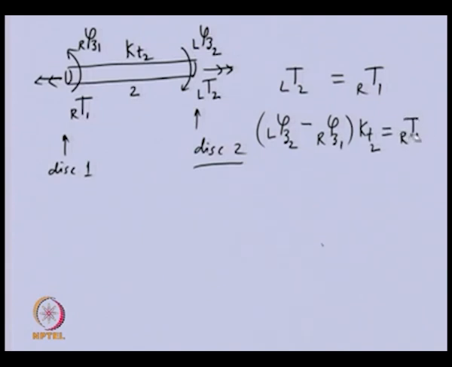Now, we can rearrange these equations like this. First, I am writing the angular displacement left of 2 is equal to the displacement right of 1 plus the torque divided by KT2, dividing both sides by KT2.